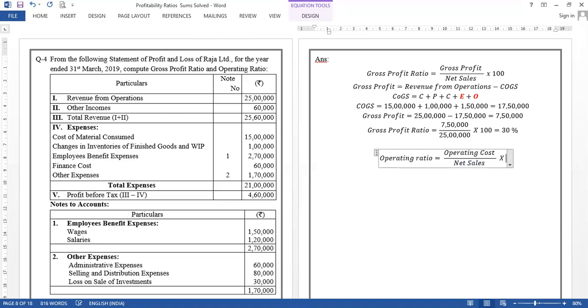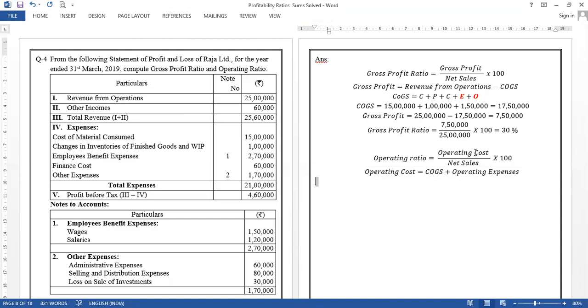So what is operating cost? We also know this. Operating cost will include the COGS and operating expenses. Now COGS is well known to us, so let us work on the operating expenses.